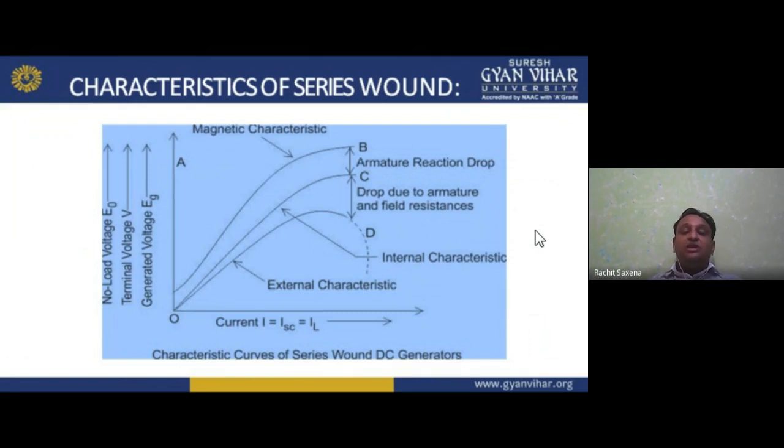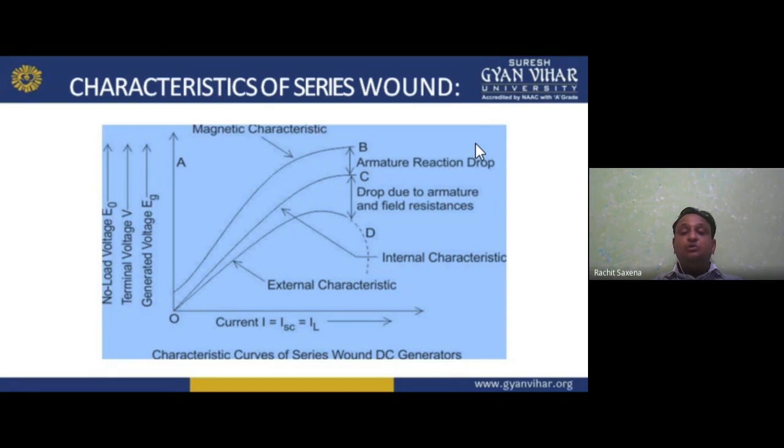Now, if I'm talking about E naught and IF, we are getting the first one, that is your magnetic characteristic. See here, one I'm taking as this. If I subtract the armature reaction drop, then I get the C point. C point is showing you what, my dear student?